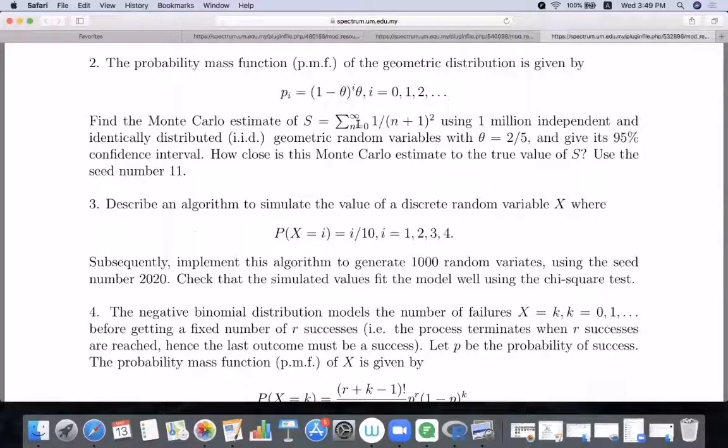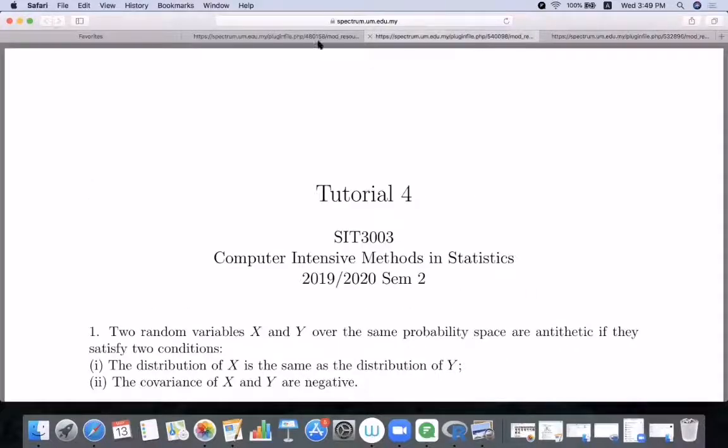You're asked to find this estimate, okay? Using 1 million IID geometric random variables with theta equals 2/5. How close is this Monte Carlo estimate to the true value of S? Use the SIT number. Okay, so let's look at the solution.